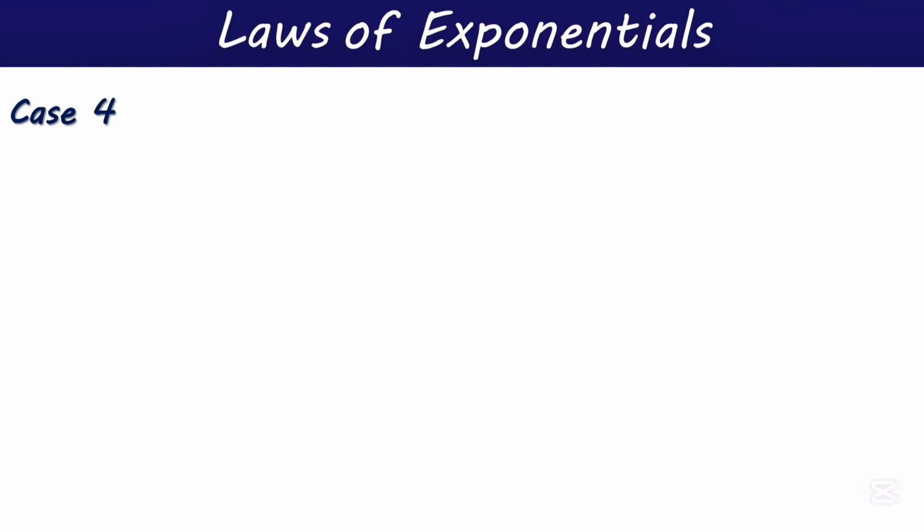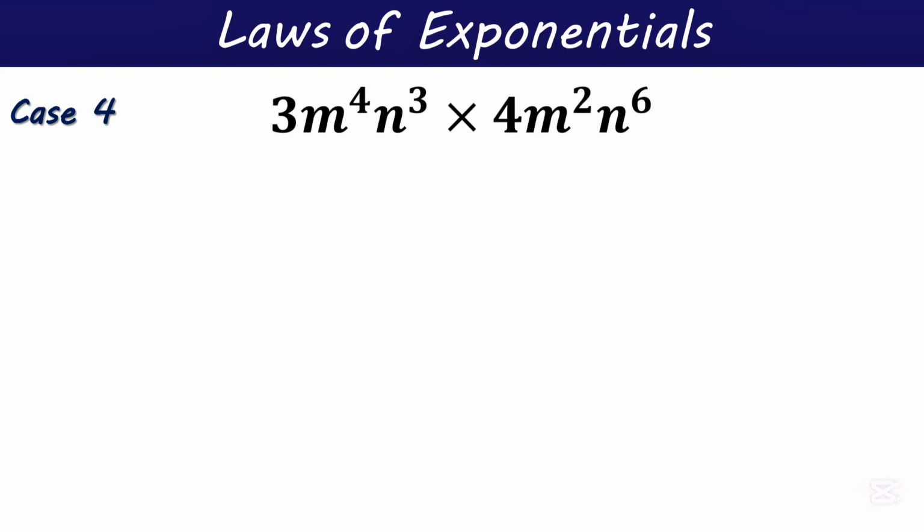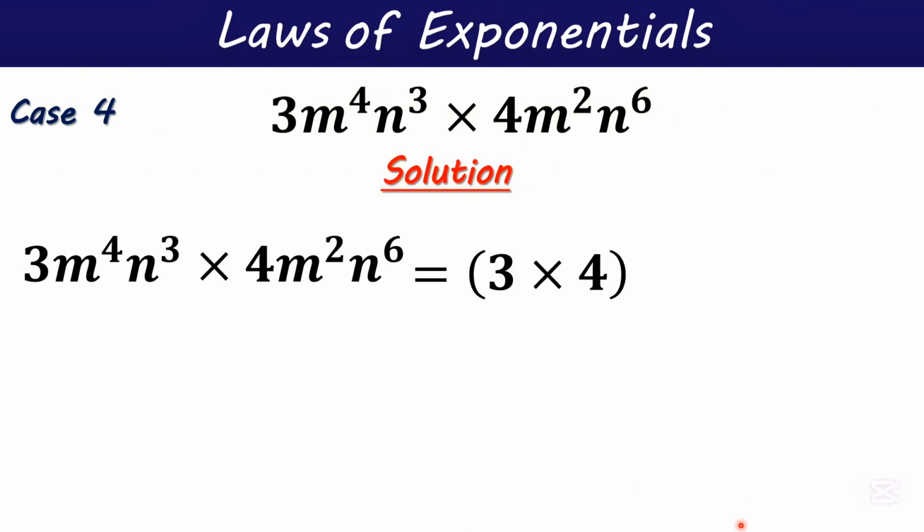Alright, so case 4, you have 3 m raised to the power 4 n raised to the power 3 times 4 m raised to the power 2 n raised to the power 6. Solution. In this case, just pick the coefficients as usual and find the product. Then we take the powers of our bases that are the same. So here we have m and m. We take the powers, which is 4 and 2.